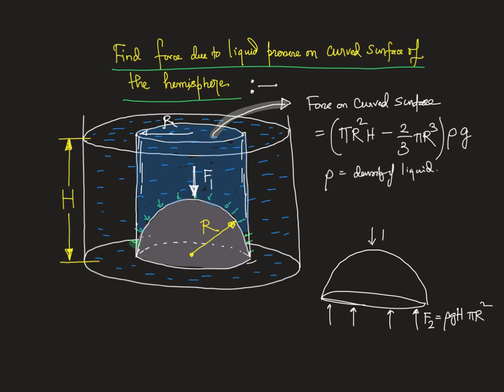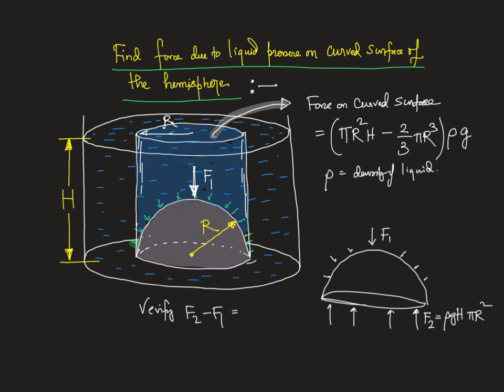So that's F1 due to this whole force on the curved surface. So you can verify whether F2 minus F1 is the weight of the displaced part of the liquid.